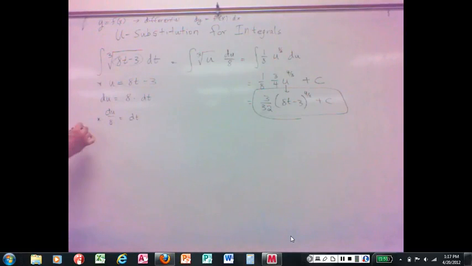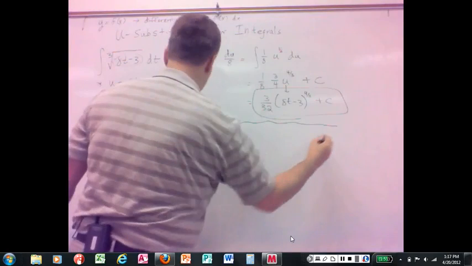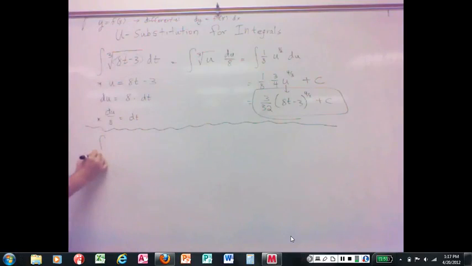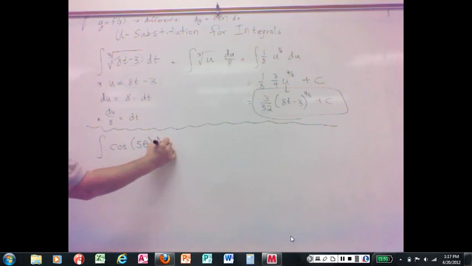Here's another one. What about the integral of cosine 5 theta d theta? Well, again, if I had just cosine of theta, no problem. Cosine 5 theta, a little bit of problem, not too bad.